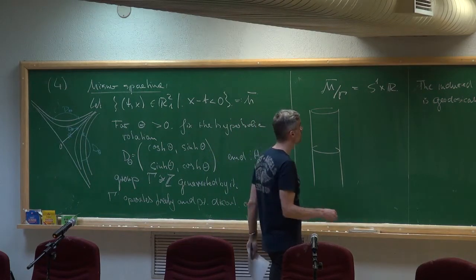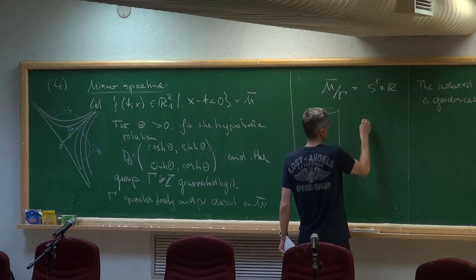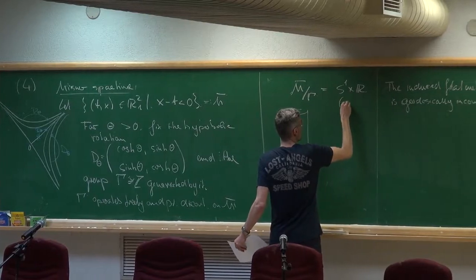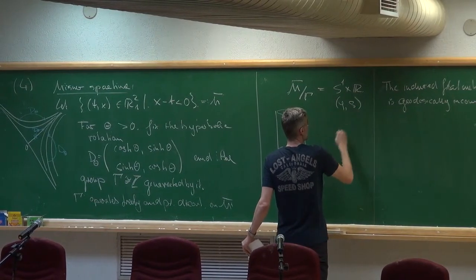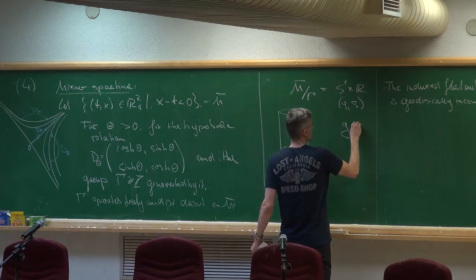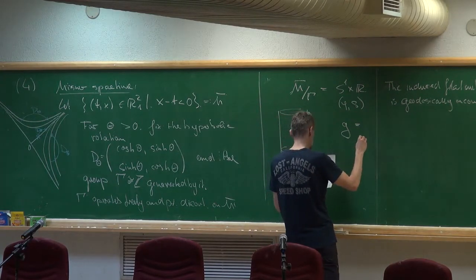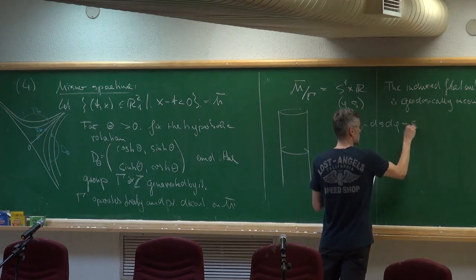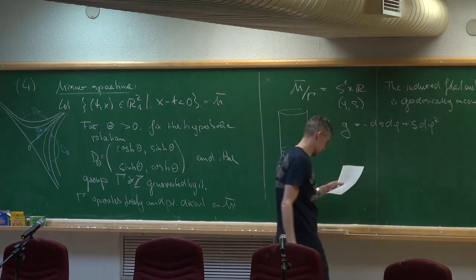I wanted to give you precise coordinates on this thing. Yeah? So if I have coordinates phi, s, then the metric here, the quotient metric, is minus ds d phi plus s d phi squared.